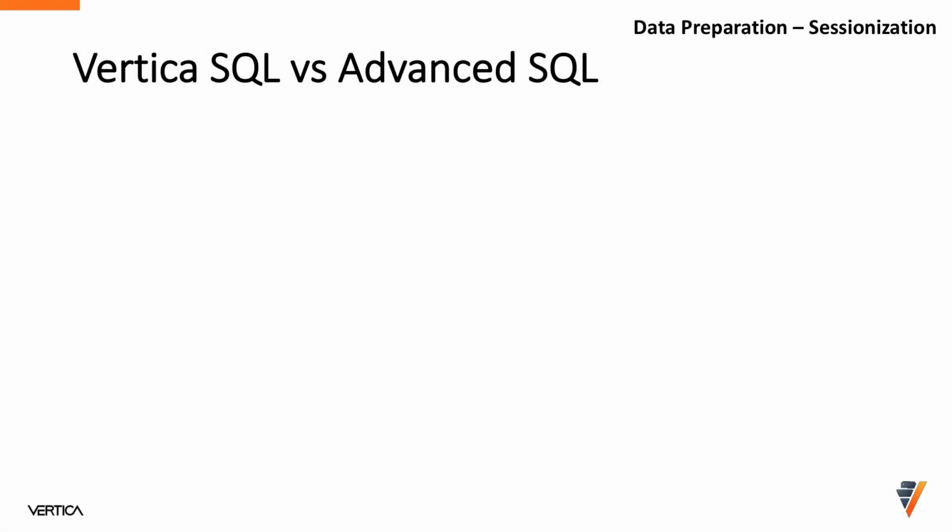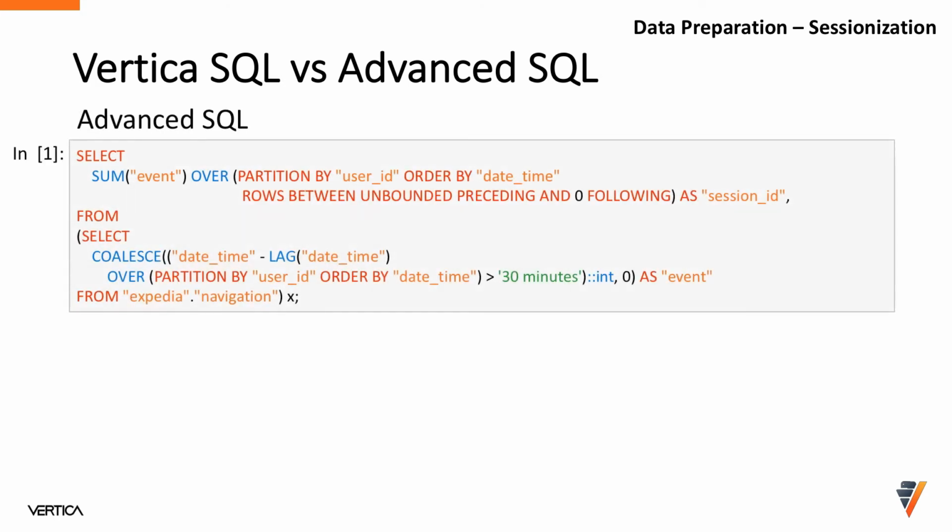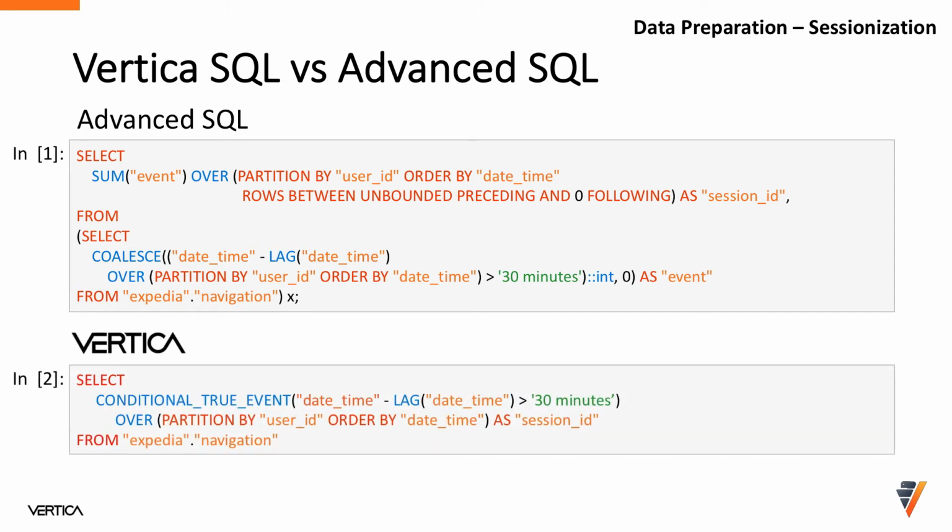Let's see how to build this feature using SQL. This feature needs a nested query involving many advanced analytical functions. We can see the rows clause to compute moving windows. In Vertica, it is much simpler as it will involve one optimized function called conditional true event. It allows to create much more than sessionization, as we can add as many conditions as we want.